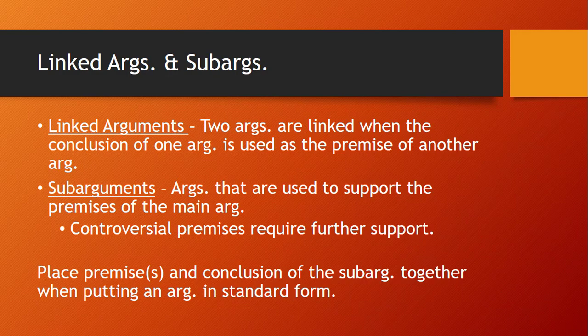If you have a sub-argument, well, put the premises and the conclusion of the sub-argument together. And this way the reader can see how the conclusion of the sub-argument is supported by the relevant premises, because they're placed together, where the premises in the sub-argument precede the conclusion in the sub-argument. All right, so this might be a little confusing. Let's go through an example, and hopefully this will make it clearer or even more clear.